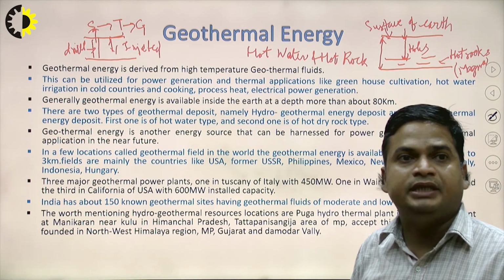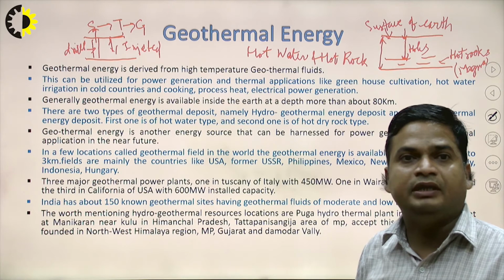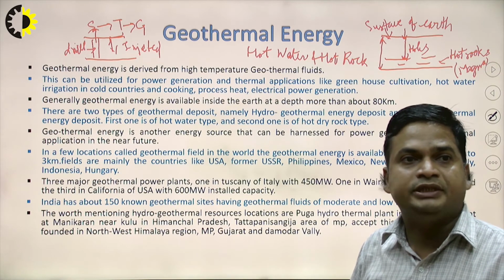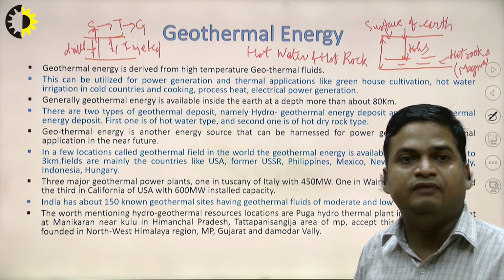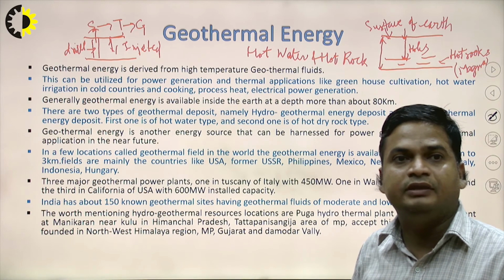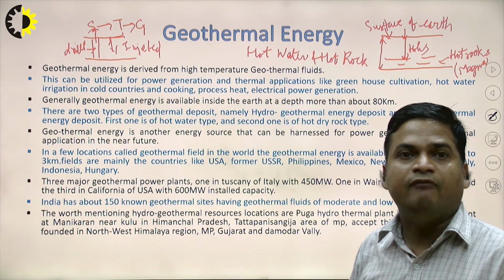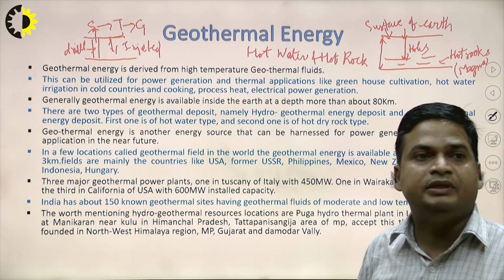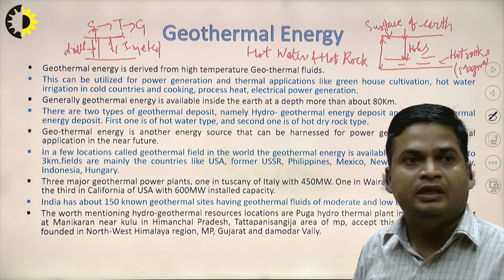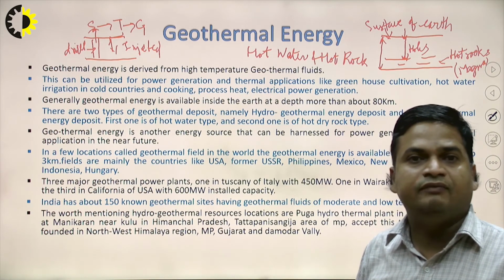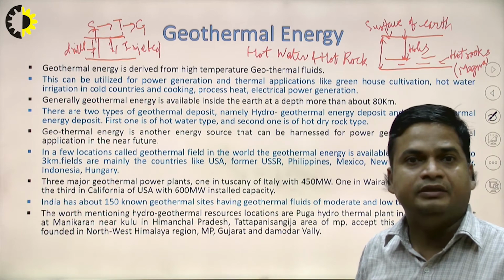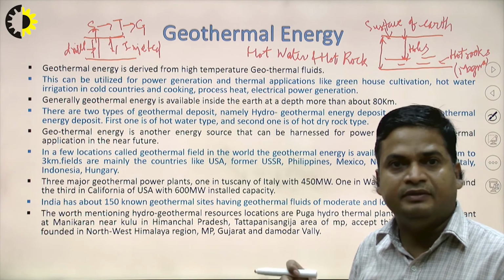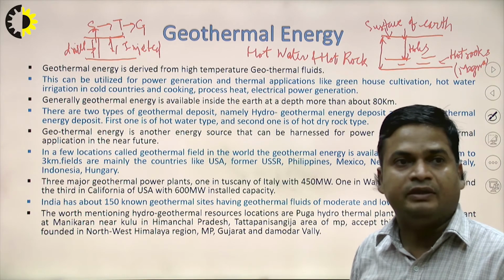Geothermal energy is another energy source that can be harnessed. Now, in a few locations called geothermal fields in the world, the geothermal energy is available at depths of 300 meters to 3 kilometers. Certain locations are there where the heated energy is very close to the surface of the earth.